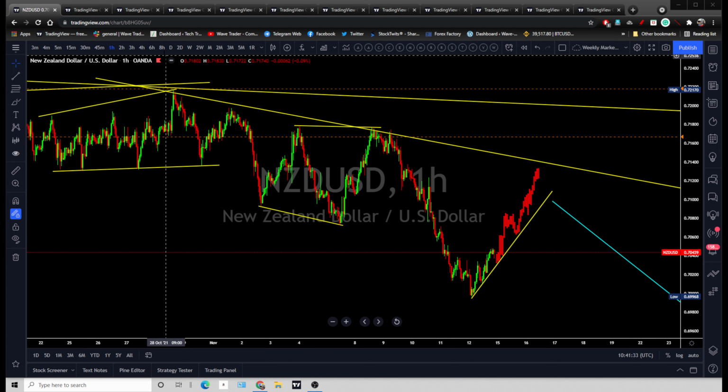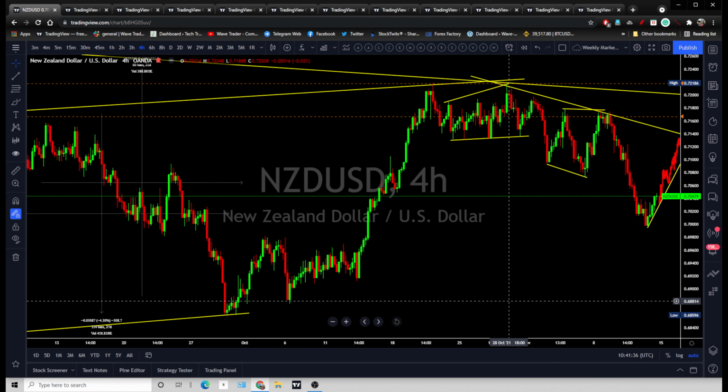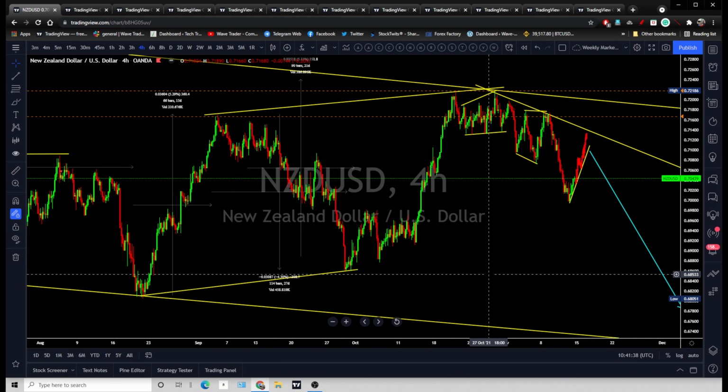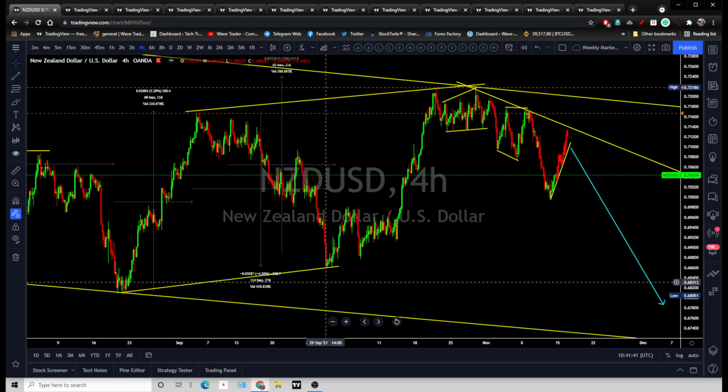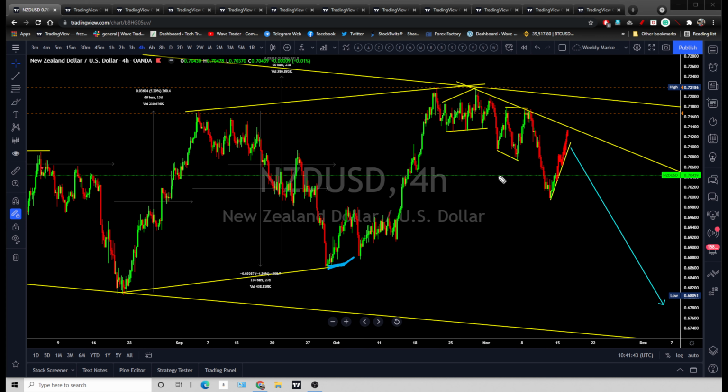So the correction is underway, and we need it to get bigger for more downside. If it gets bigger, you are looking for it to keep breaking all the way back to these lows. If you are already in from the top, then you are looking for this to stay small and keep breaking lower all the way back to that low. If not in, then look for this to get bigger so that you can join again from the previous top or close to it.